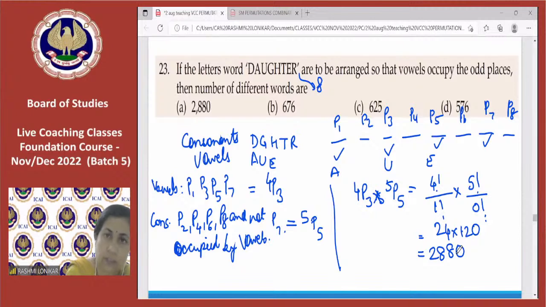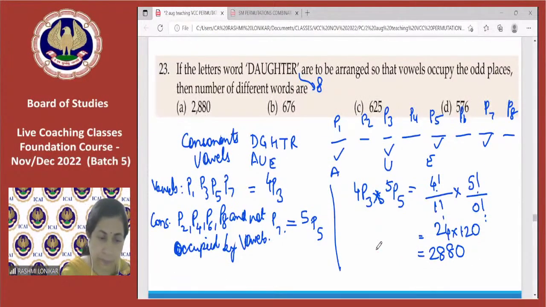Out of these five places, how many consonants do I have? I have five consonants. So 5 places for 5 consonants. In how many ways can I do that? That is 5 factorial ways, because 5 upon 0 factorial is 5 factorial. What about the vowels? There are 4 places for the vowels and only 3 are occupied by them. So this is 4P3. So you have 4 factorial upon 1 factorial into 5 factorial upon 0 factorial, and you get the answer as 2880.